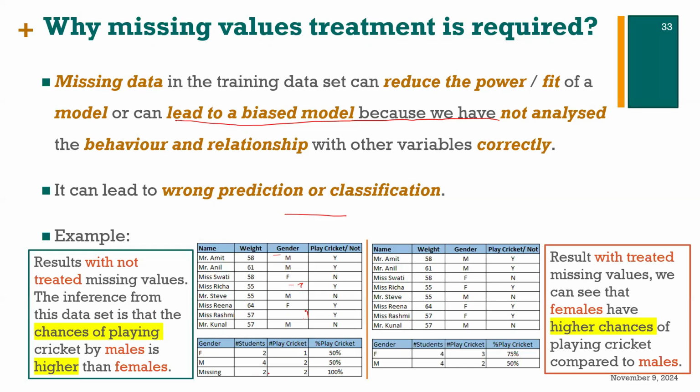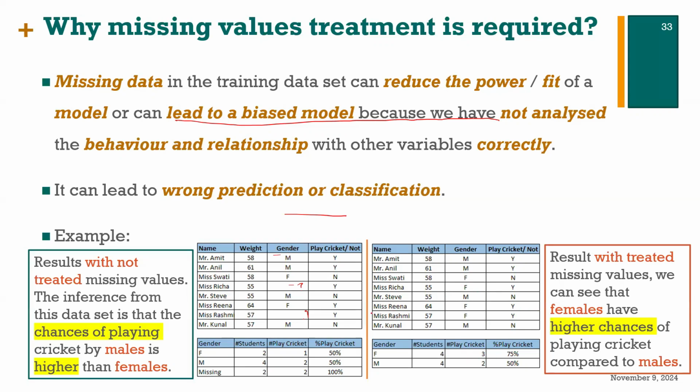So the percentage of missing values that play cricket is 100%, which is more than the ones that we actually have, and you can see that it's going to distort the outcome of our modeling. You see? However, with the same data set, when we decide to treat the missing values, how do we treat them? We get there shortly. After treating the missing values, you are going to see the outcome.